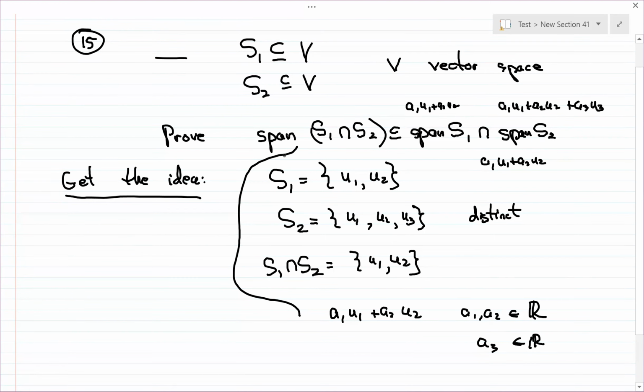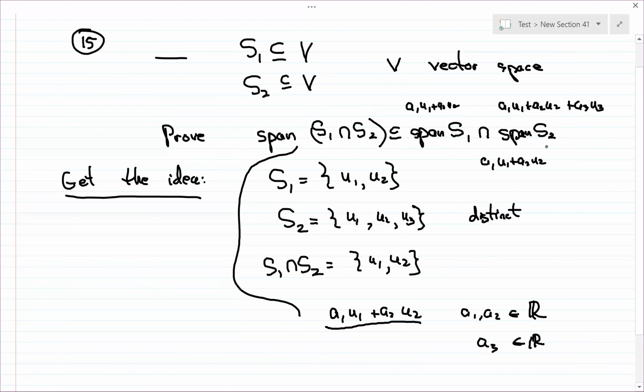Definitely, though, I have this inclusion in this case, because if you're a vector in here, then you have this kind of description. And if you're a vector in the span of the intersection, that also includes everything that looks like this, because you can get this by just picking A3 to be 0. So every element of this is automatically also contained in here.